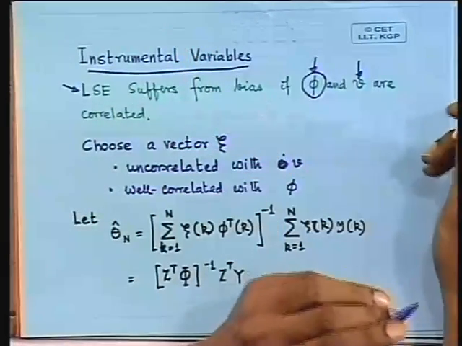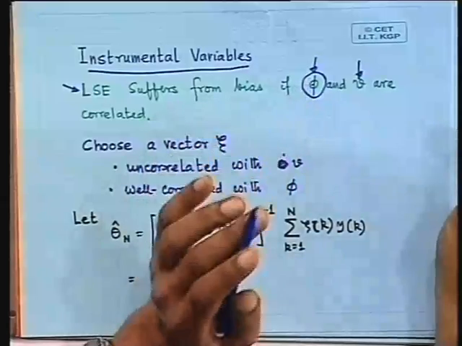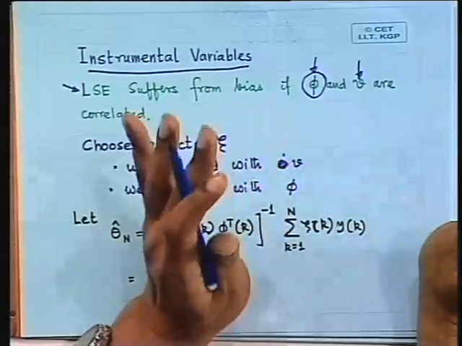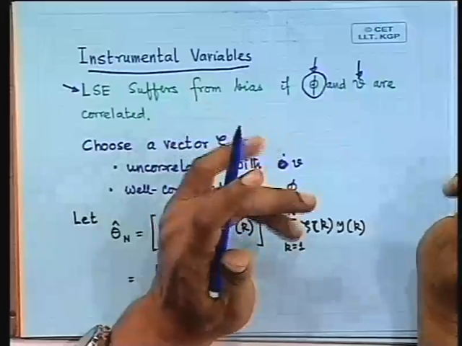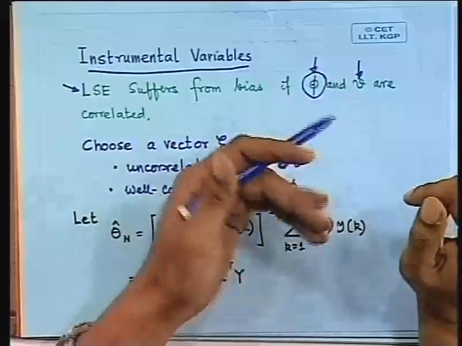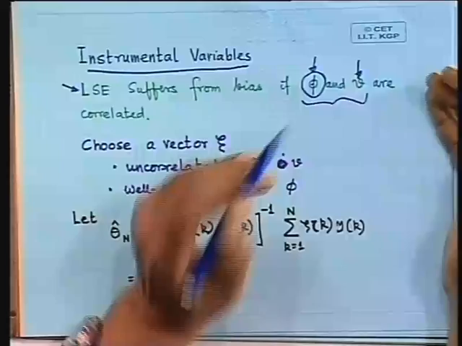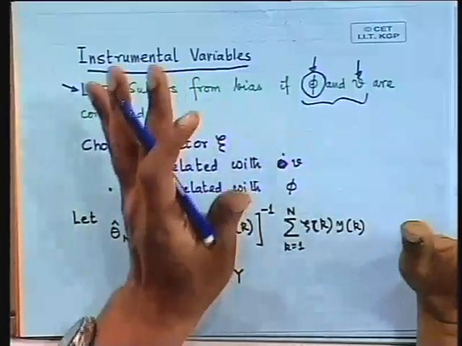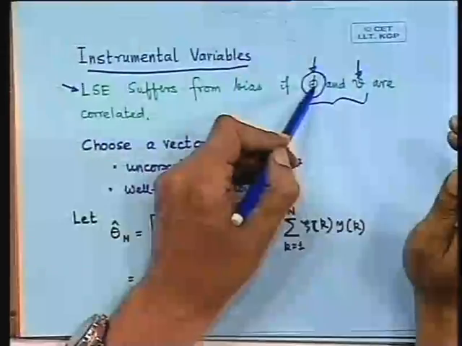So the question is, can you not use some other vector in place of phi? Now what do you have to ensure there? What sort of a vector should you choose? Firstly, the first property is that they must be uncorrelated. So you have to choose this new vector in such a manner that the vector and v will be uncorrelated. Fact number 2 is that in your least square estimate you have something like phi transpose phi inverse. That inverse should not get disturbed, right? So phi transpose phi inverse should not suddenly become very large.